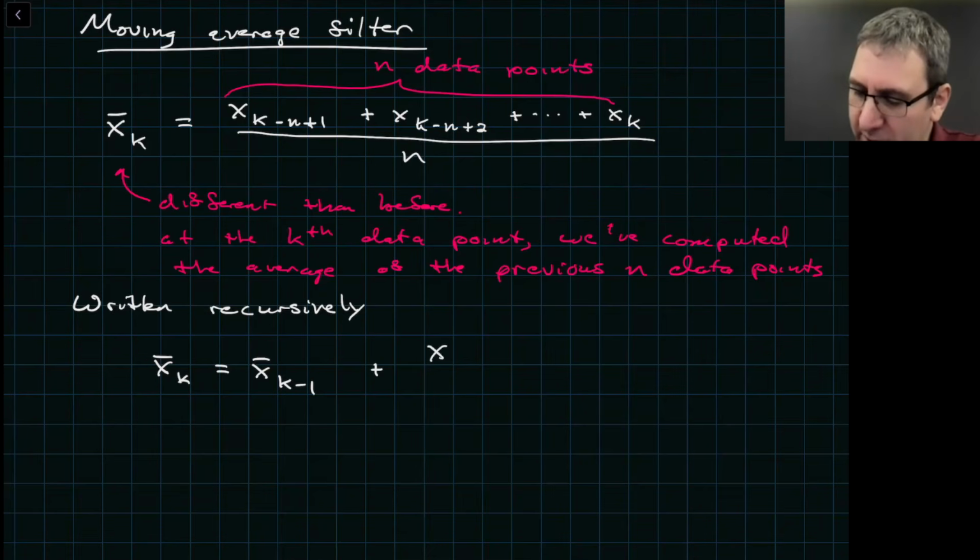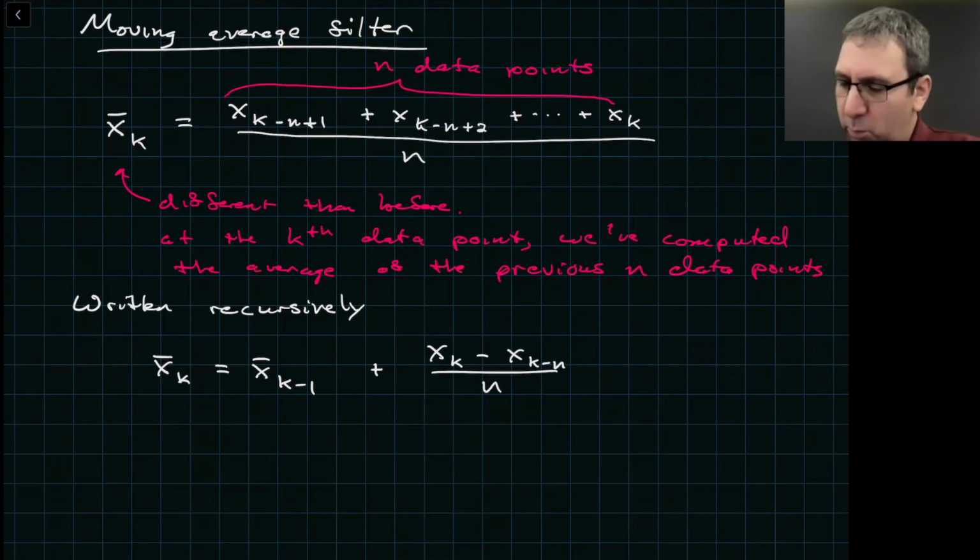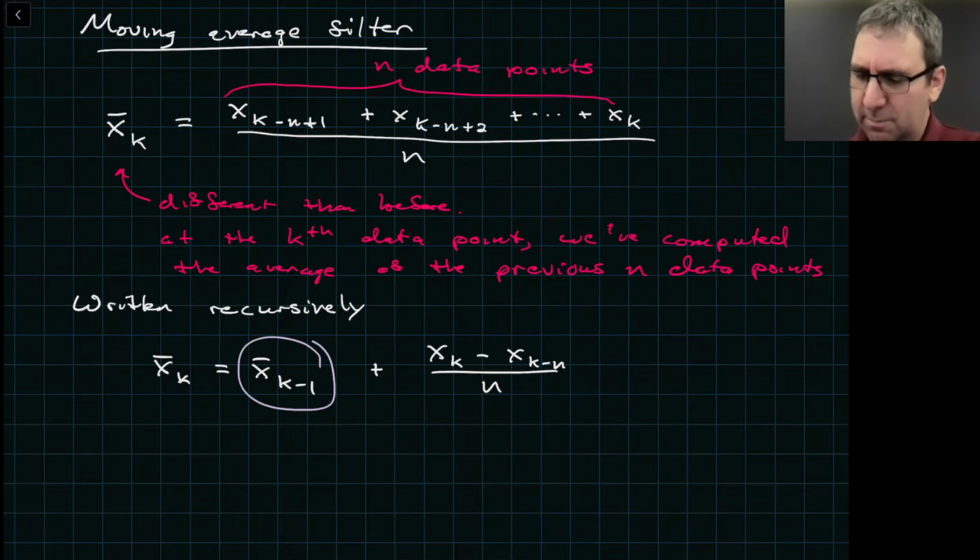The only new stuff is x k minus x k minus n, divided by n. And you might wonder, what about the other data points? It seems like there are a lot missing. Well, they're all embedded in this expression.